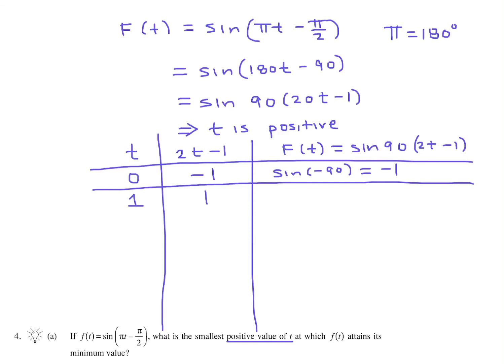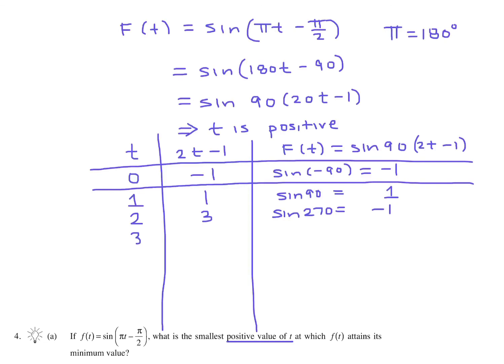And therefore we now have the sine of 90, and the sine of 90 is equal to 1. Let's keep going. t is 2. We have 2t minus 1 is 2 times 2, which is 4, minus 1 is 3. And therefore this becomes the sine of 270, which is equal to negative 1.